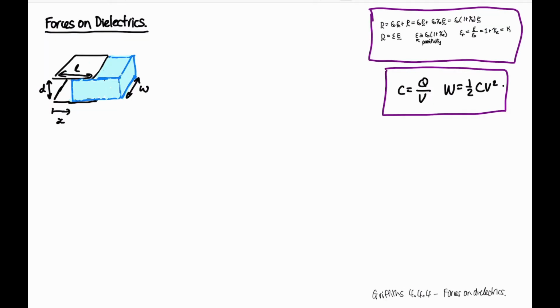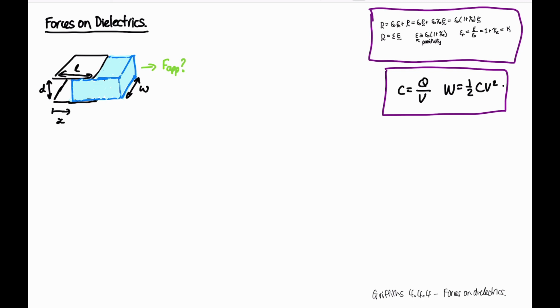Now this one's a little bit fun. We're going to now consider the forces on the dielectrics. So really we'll be considering how much force is required to pull a dielectric out of a capacitor like this. So what's this applied force here in order to get this dielectric out of these capacitor plates here?